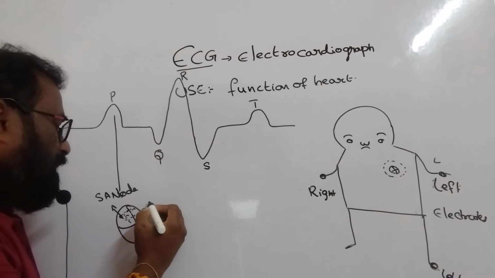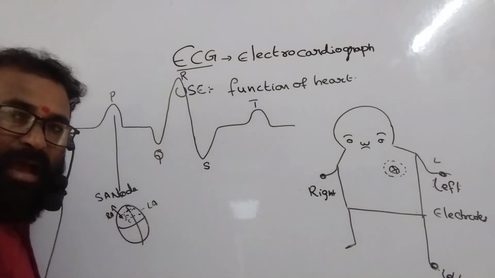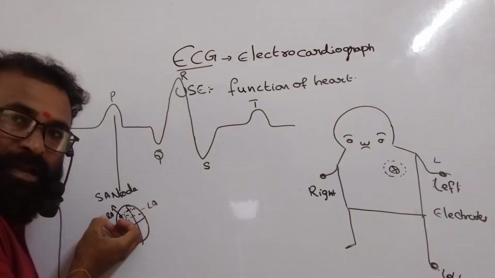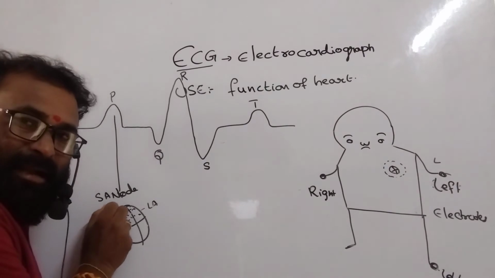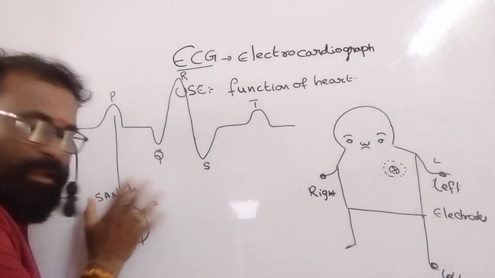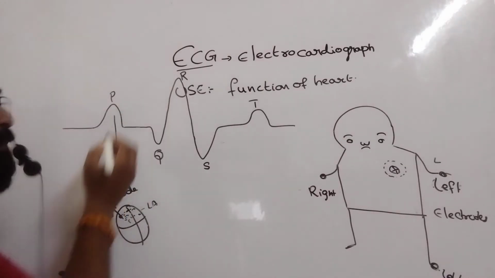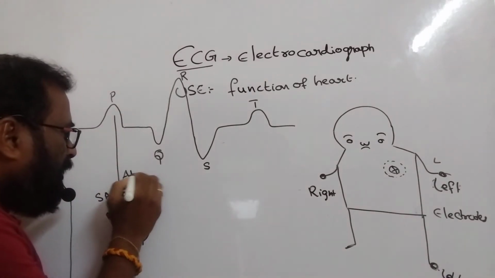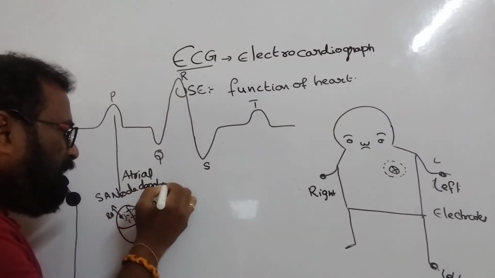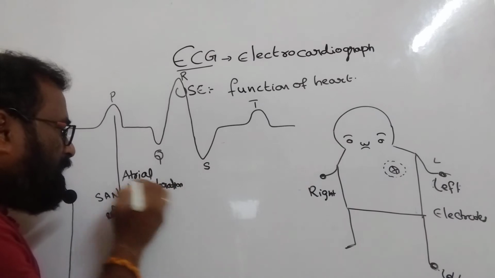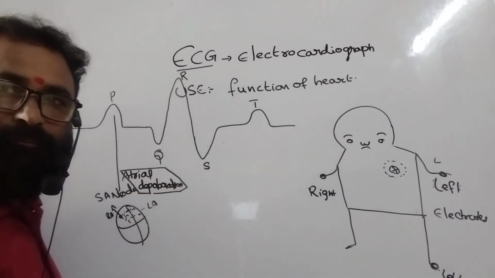This is the left atrium, this is the right atrium. Action potentials are generated by the SA node and spread to the right atrium and left atrium. The total atria get depolarized. Atrial depolarization is discussed with respect to the P wave.